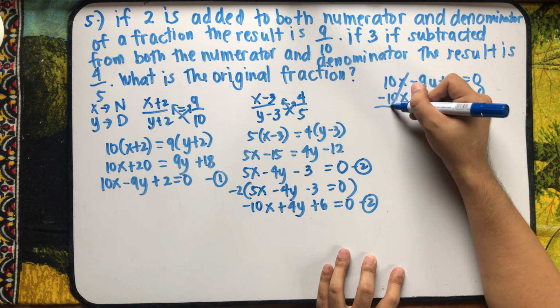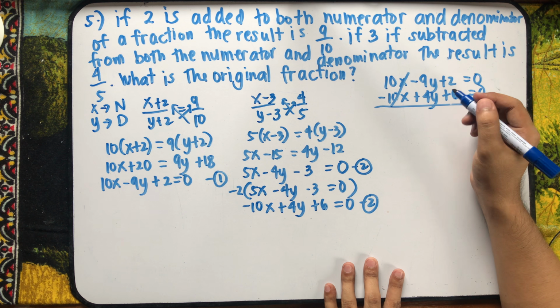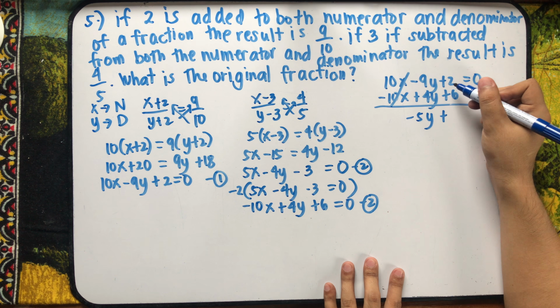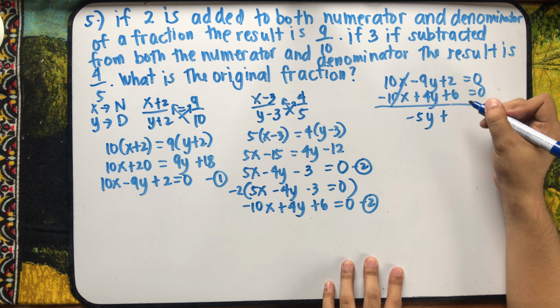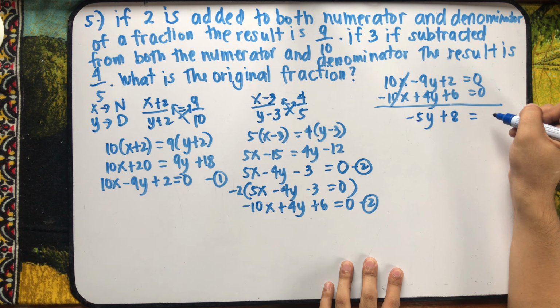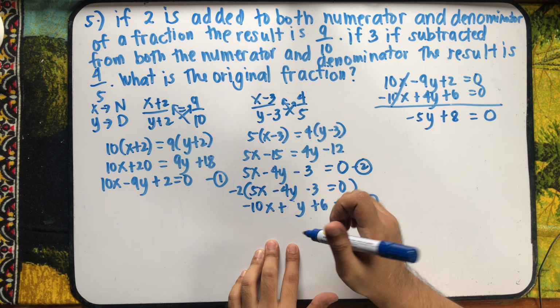This becomes negative 10x plus 10x cancel out, negative 9y plus 4y, that is negative 5y, 2 plus 6, that is 8, is now equal to 0, or sorry, this should be positive 8y.